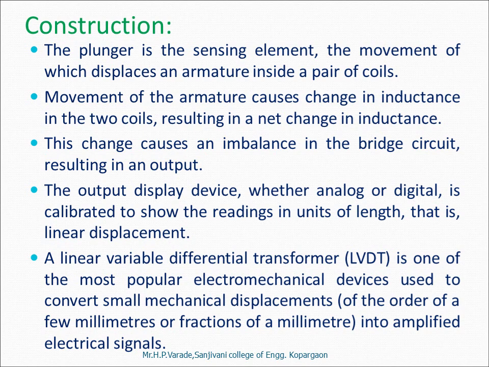linear displacement. A linear variable differential transformer, also called an LVDT, is one of the most popular electromechanical devices used to convert small mechanical displacement, of the order of a few millimeters or a fraction of a millimeter, into amplified electrical signals.